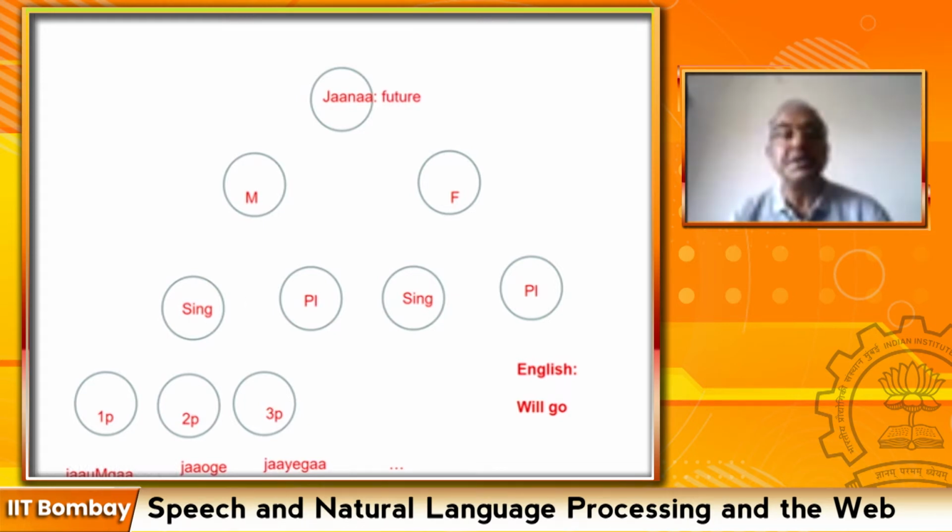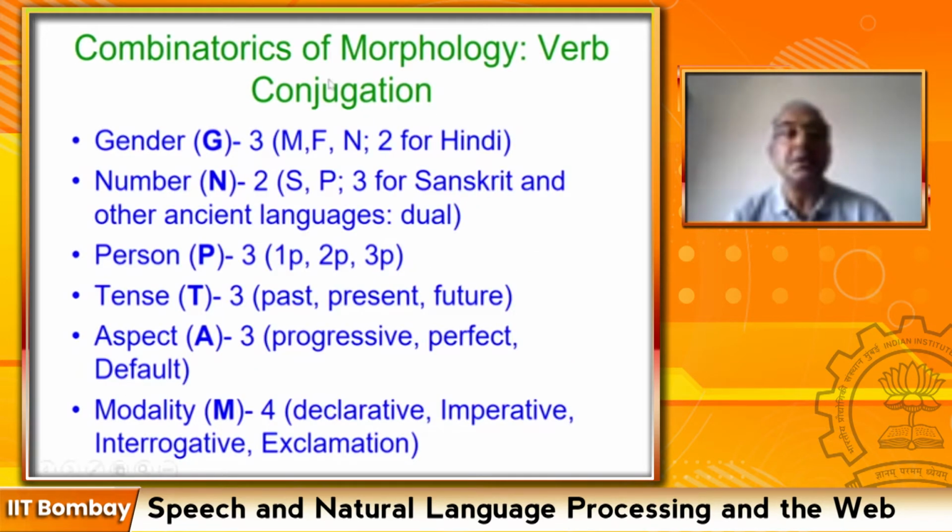So this example was shown. Now let me elaborate this a bit more. We are entering morphological processes and the combinatorial concerns involved in this.